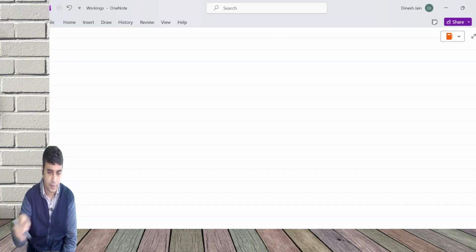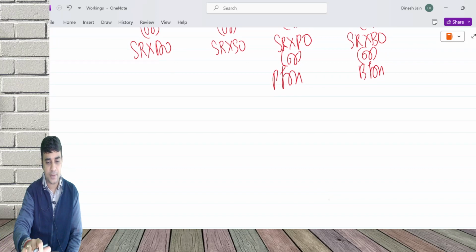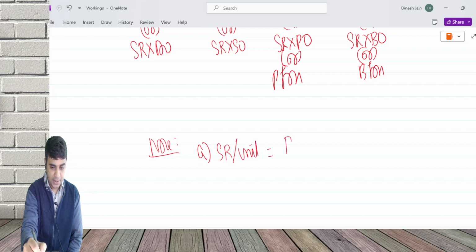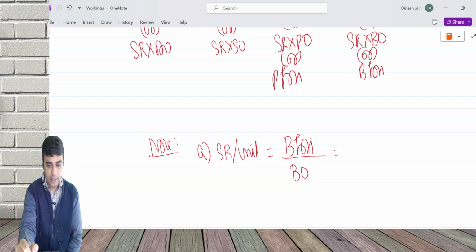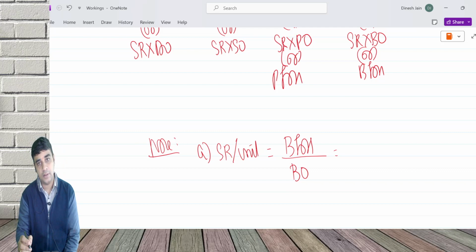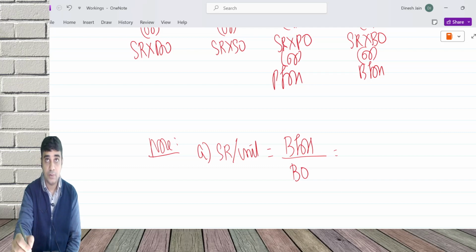SR per unit, 3 items we'll calculate first. SR per unit is equal to budgeted fixed overhead by budgeted output. Earlier we did variable overhead. Now fixed overhead by budgeted output. How much is the budgeted fixed overhead? 2400.